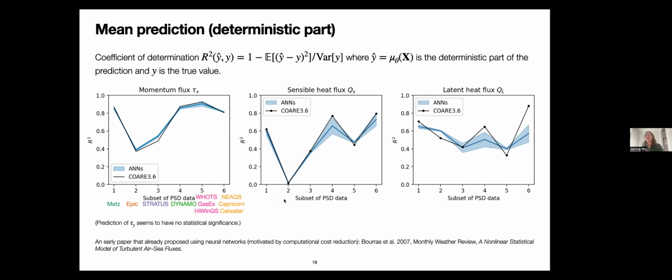This really highlights the distribution shift problem in each of these campaigns, so your predictive power will vary depending on where you apply it.